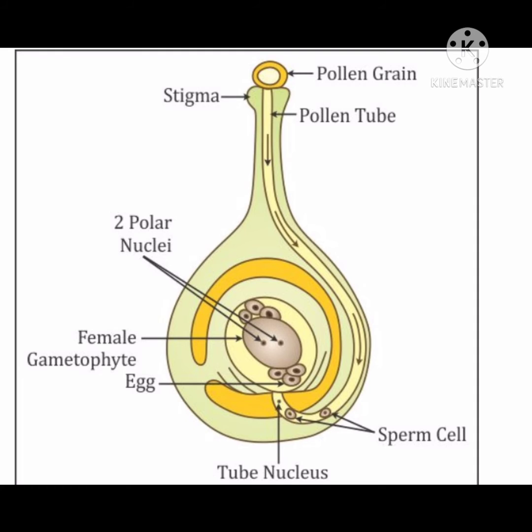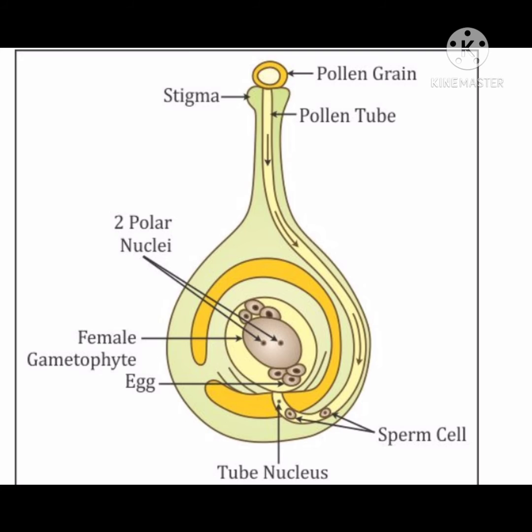Inside the ovule the female gamete, called the ovum or egg, is present. The male gamete comes down through the pollen tube and fuses with the female gamete. This fusion of male and female gamete is called fertilization.